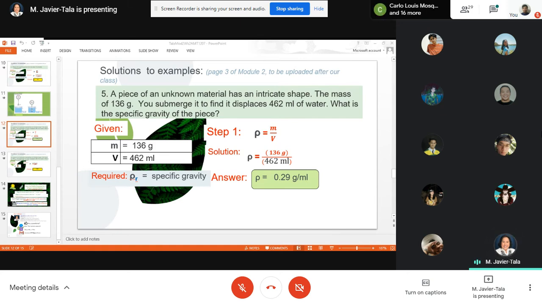So it was gram per ml. So we also use the density of water, which is expressed in grams per milliliter, so that we will be able to cancel them and arrive at a unitless answer, but is numerically equal to your density, provided that your reference is water.